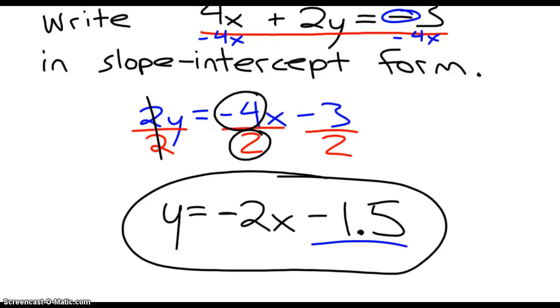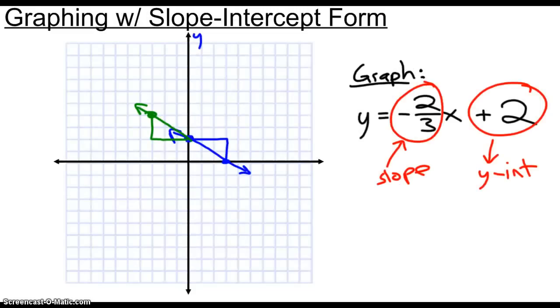I would have a slope of negative 2 over 1. So this is my rise and run. And I forgot to mention that back here when we did this, remember, rise and run is set up just like that, and that's where we get that slope from.